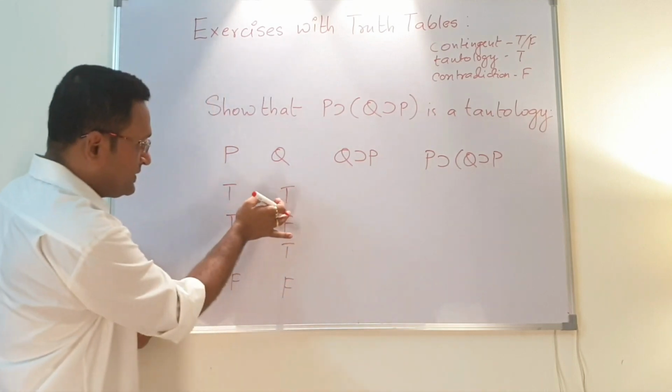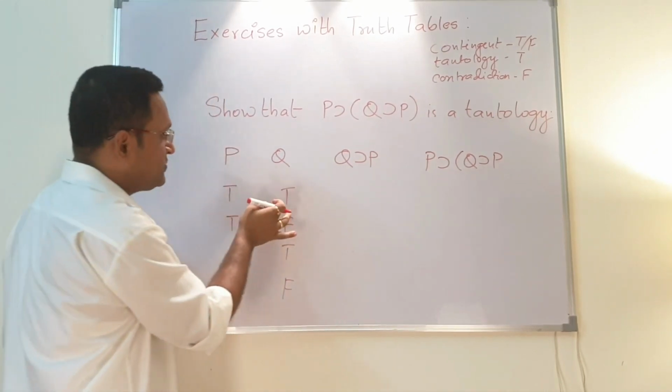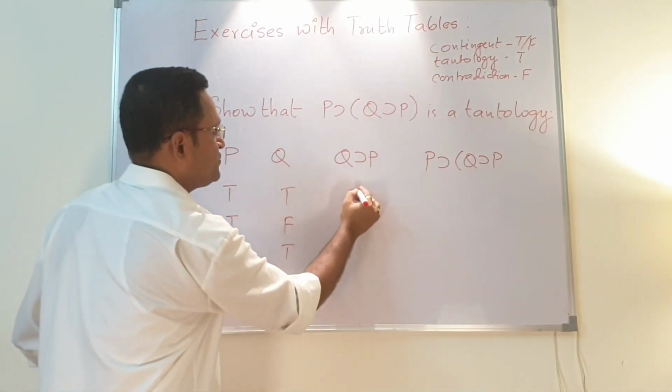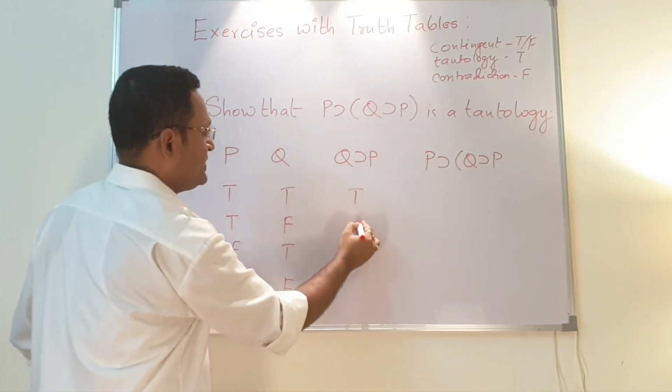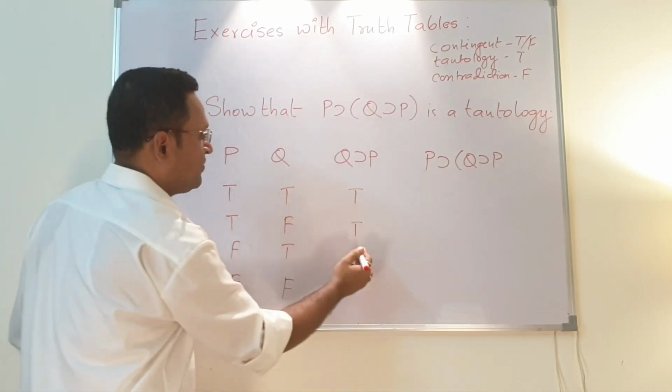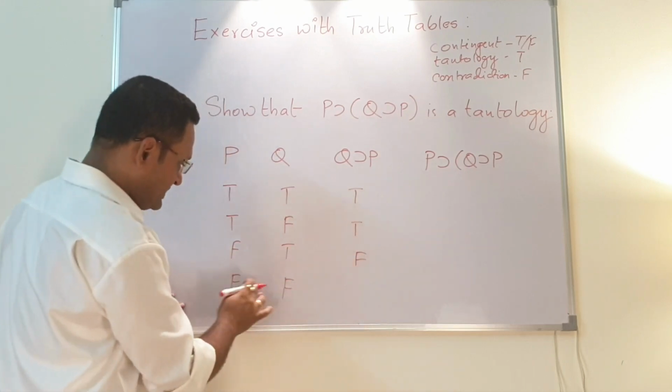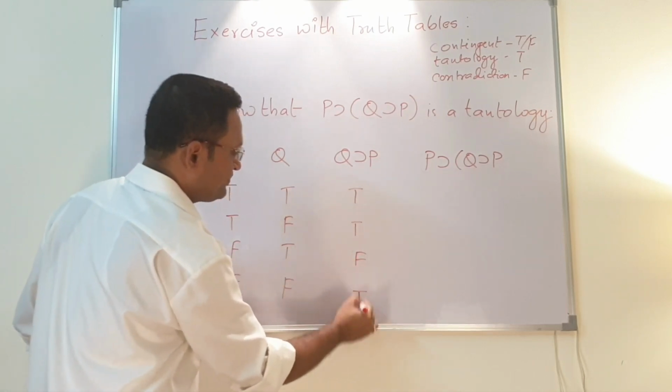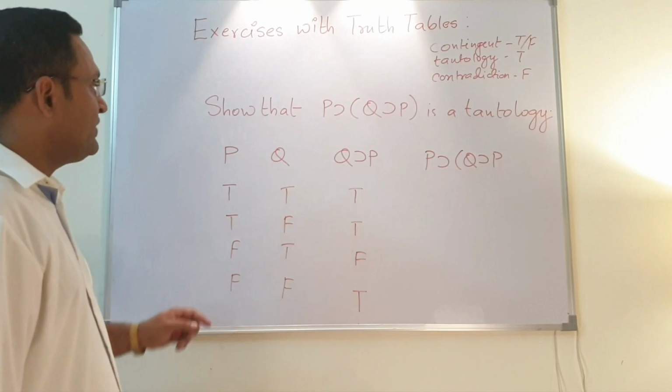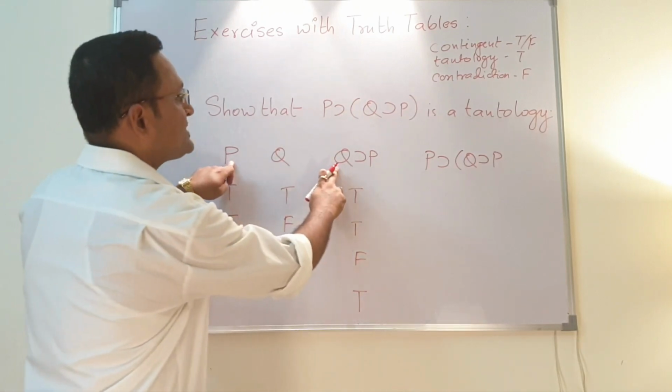Now Q implies P. This implies this. We have to check. So true implies true is true. False implies true is true. True implies false is false. And false implies false is true. This is the thing.